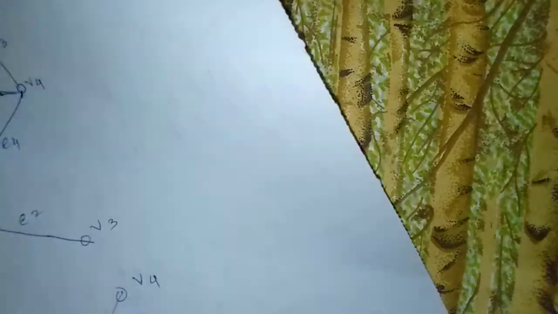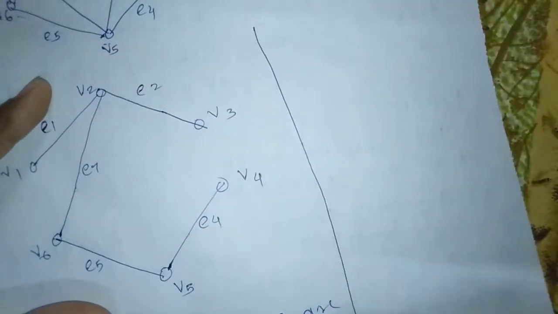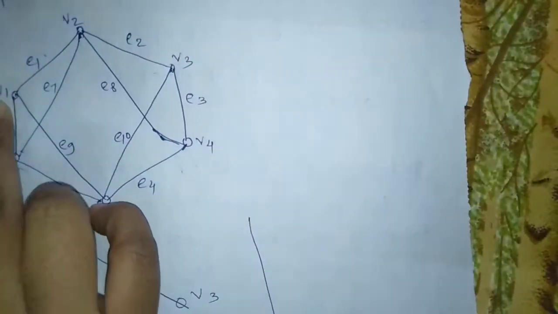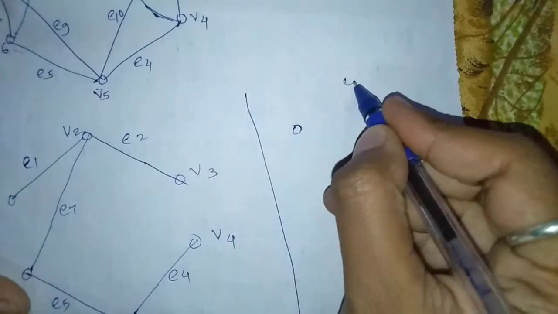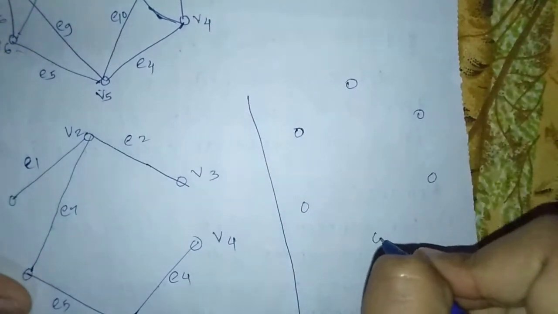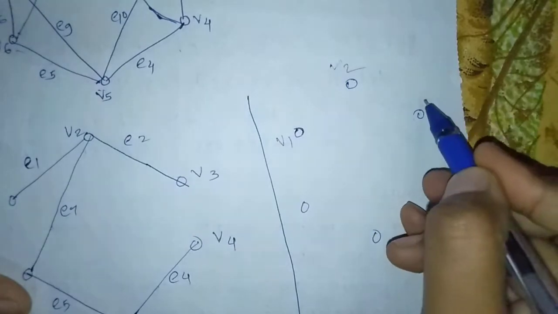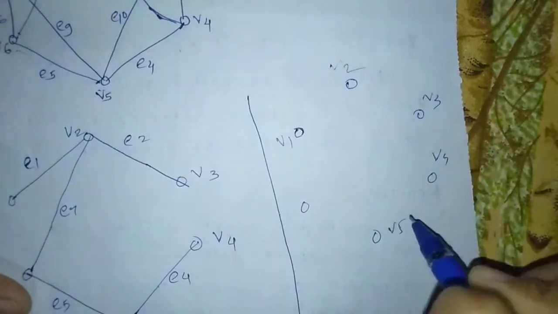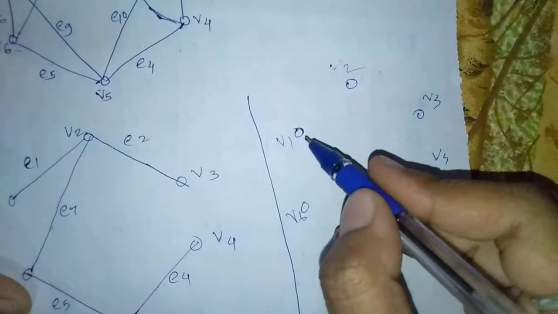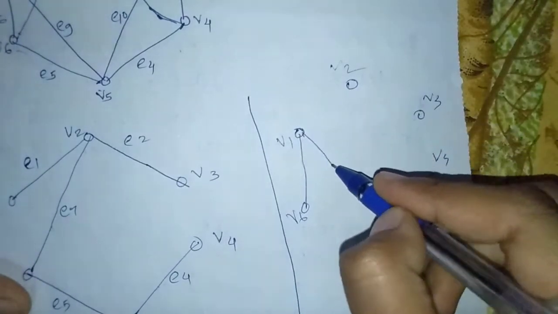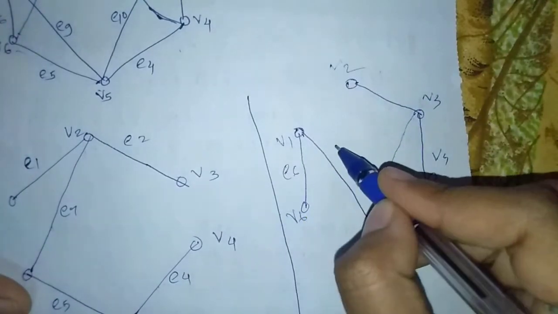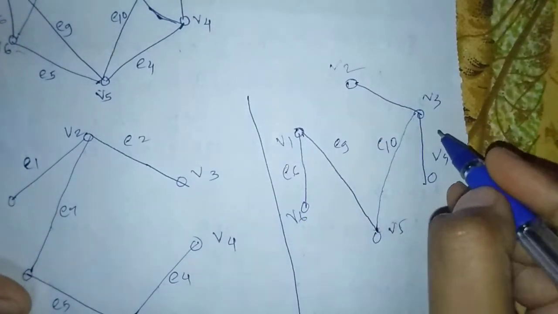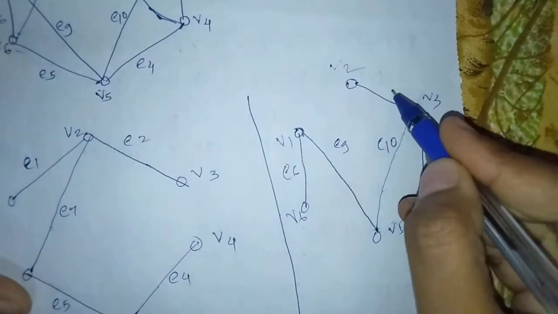Now to find the second spanning tree, if we draw like this, we get a spanning tree. First put all the vertices V1, V2, V3, V4, V5, V6. Now draw E6, E9, E10, E3, E2.